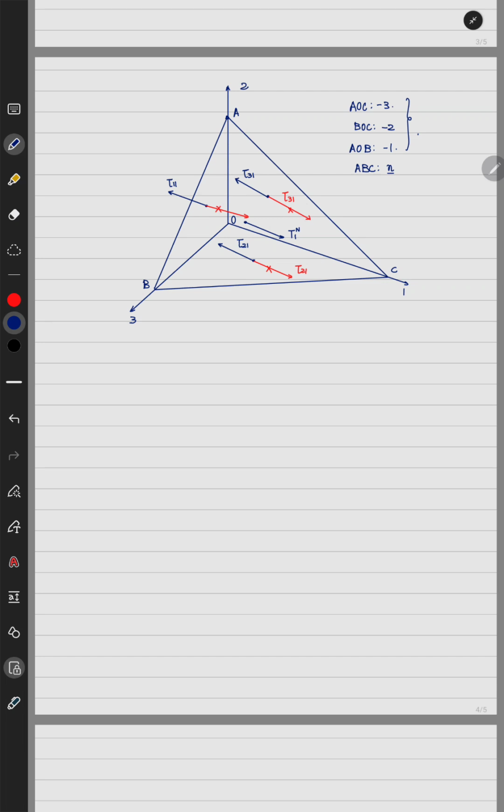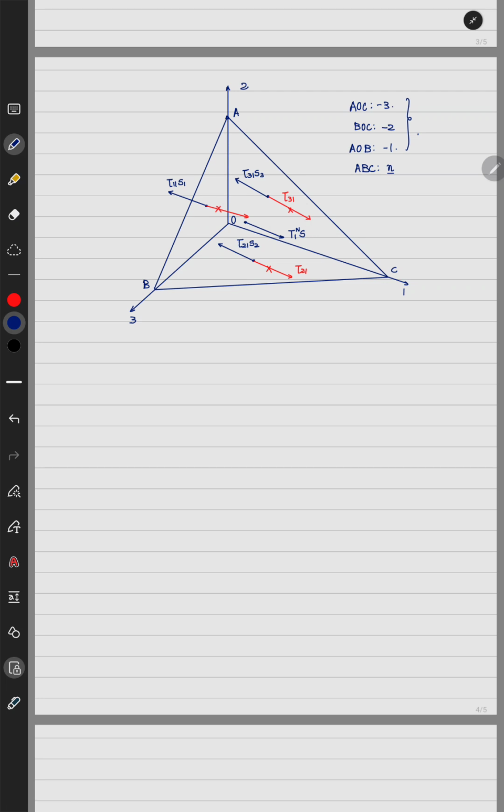So let us say it is oriented along some random direction n. Okay, this is the total force, and we have to multiply all of this by their areas. This is S3, because it is force per unit area. So this is multiplied by S3, this by S1, this by S2, and this by S.